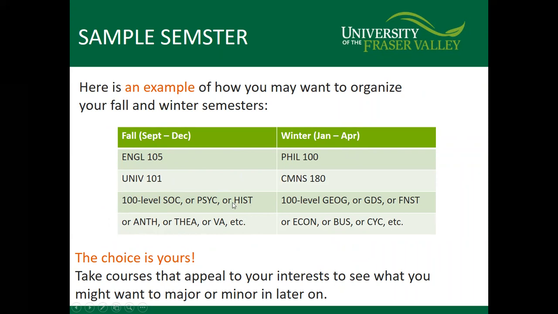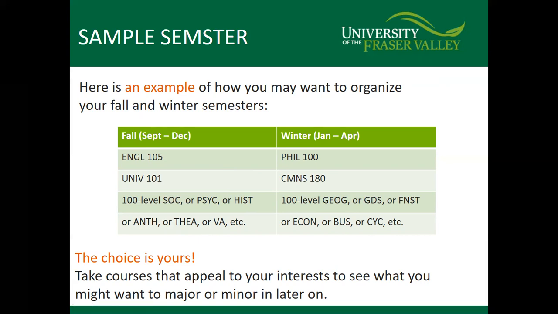So if you were thinking, hey, history sounds interesting, I might want to major in that, look for a 100 level history course. And then in winter, you can follow the same general structure. A personal interest elective or a major or minor area of interest, and then a foundational skill requirement, a general education requirement.